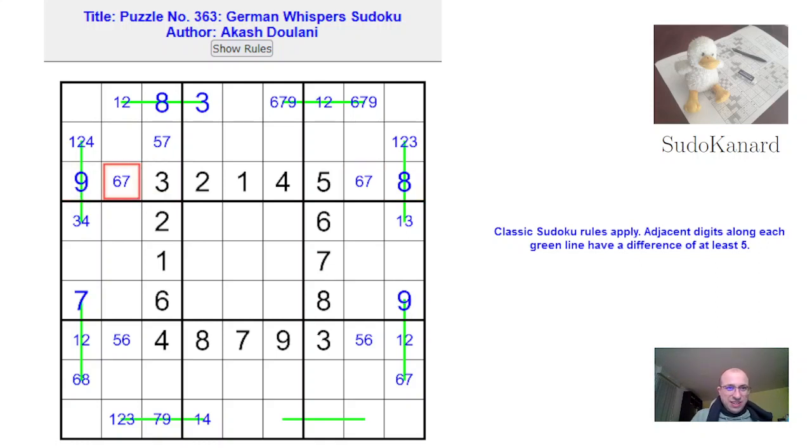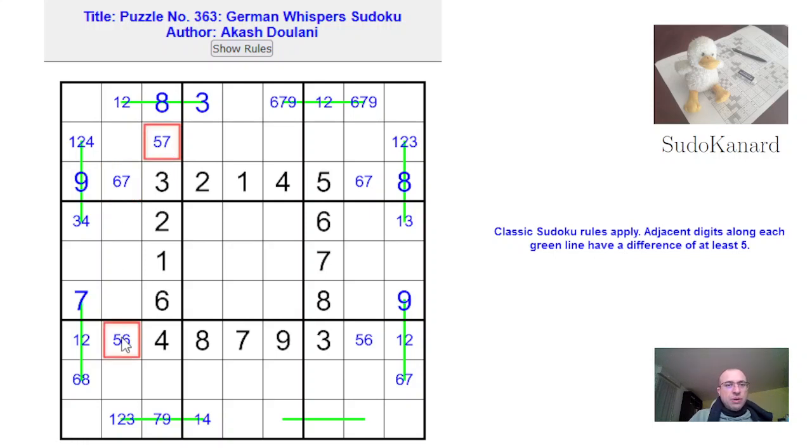Now there's something really nice here, which is a Y-wing. Namely, what is happening here is that we have 3 digits on this strange triangle, and whatever this is, if this is a 6, then this is a 5, and if this is a 7, then this is a 5.